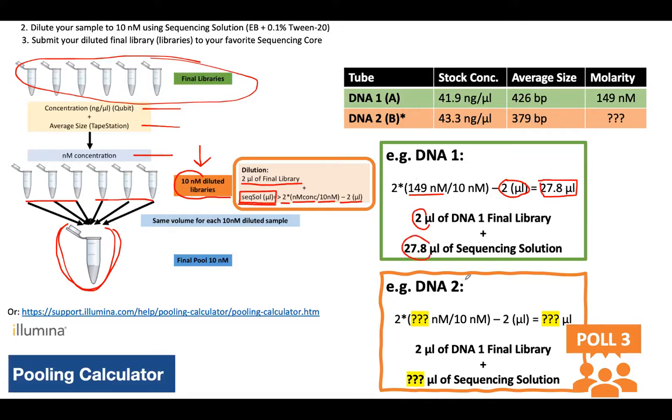I'm going to give you a couple of minutes to calculate how much volume of the sequencing solution you need for sample 2. Remember, the correct answer for the concentration was 173 nanomolar. Write in the chat what the solution is in your case.